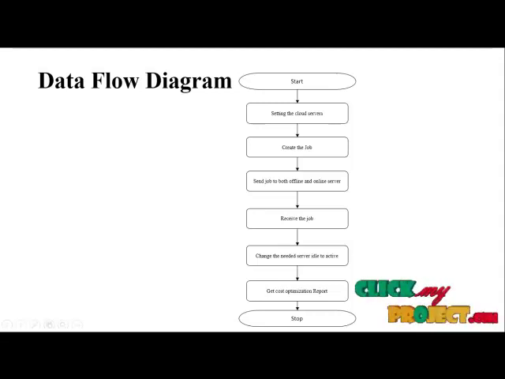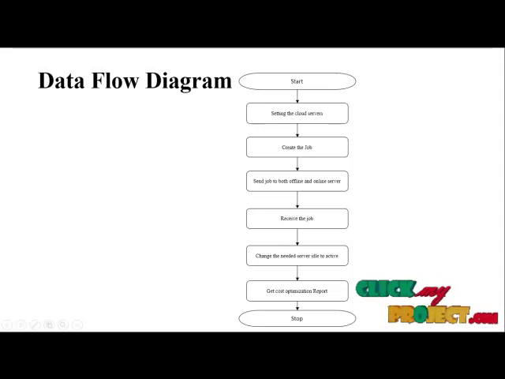After analyzing, it will take the needed servers, and the servers change the mode, switching from idle into active mode. After active mode, it will assign the servers for the jobs.